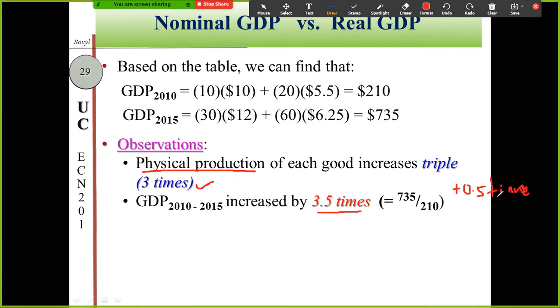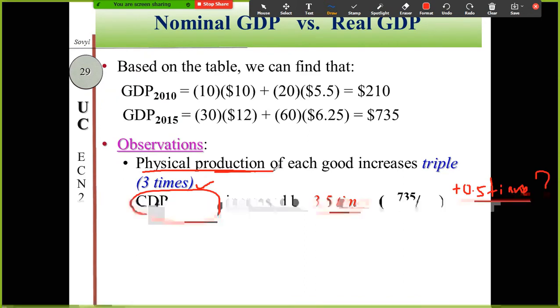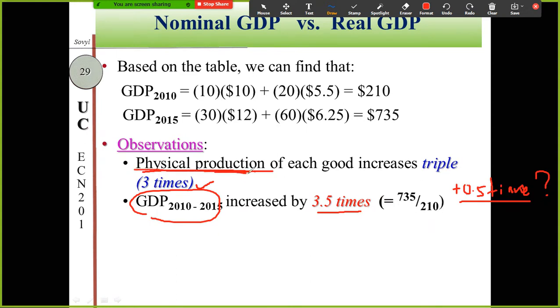So GDP increased by 3.5 times, while production increased only 3 times. But why did GDP increase more than the production? Why is GDP increase more than the activity of producing, or what we call physical production?